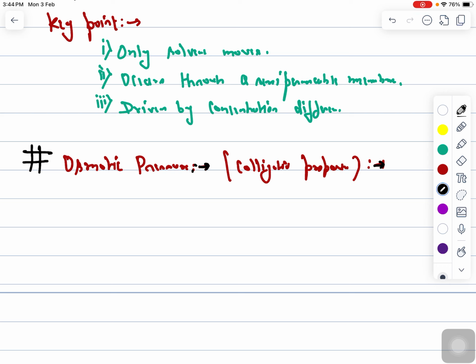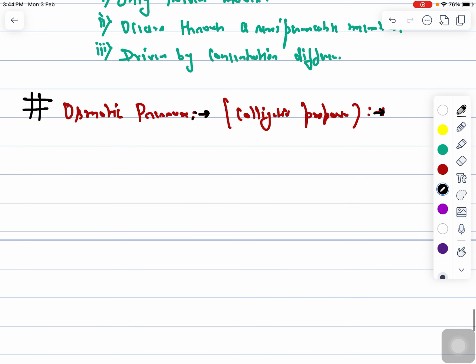So osmotic pressure is also going to depend upon the number of moles of solute. In osmosis, the solvent molecules move from a lower solute concentration to a higher solute concentration until the concentration of solute gets equalized on both sides. So the osmotic pressure is the minimum pressure required to stop the osmotic flow of water across the semi-permeable membrane.